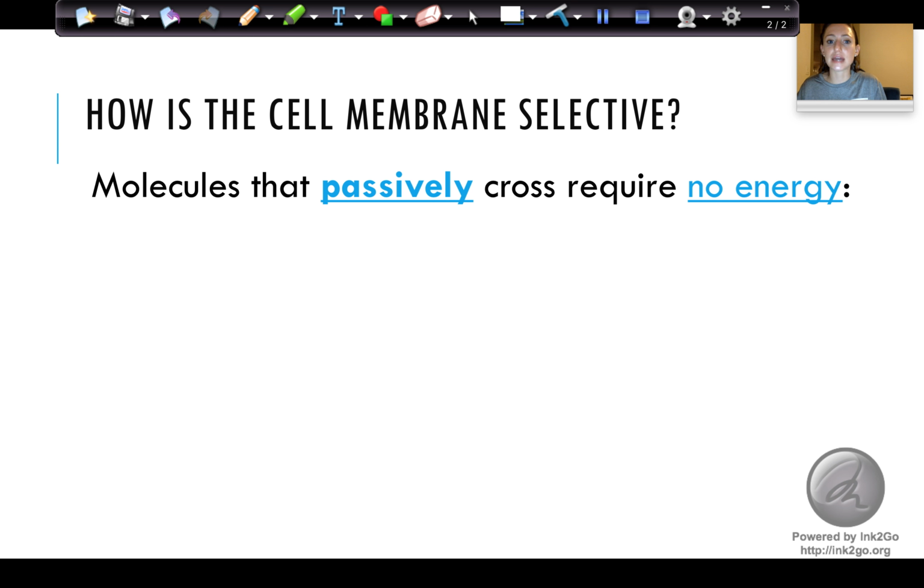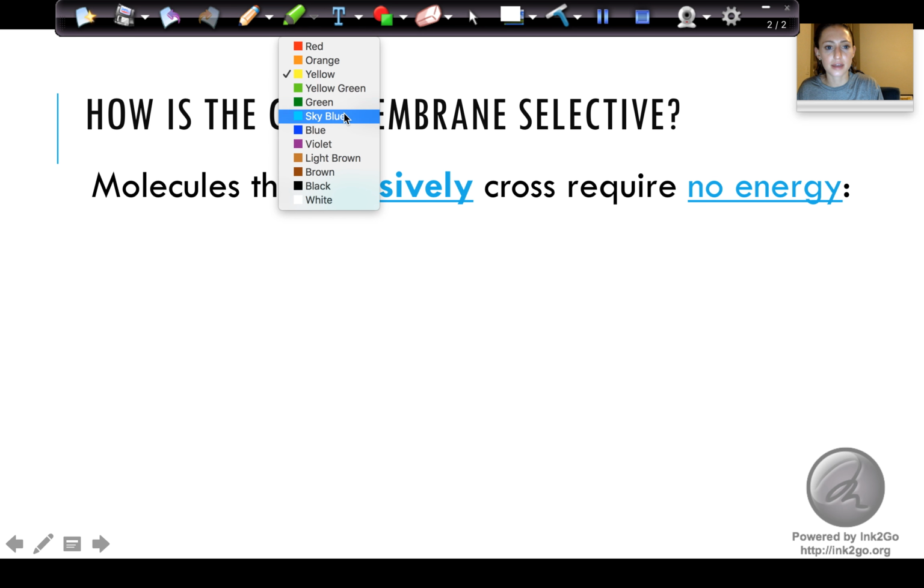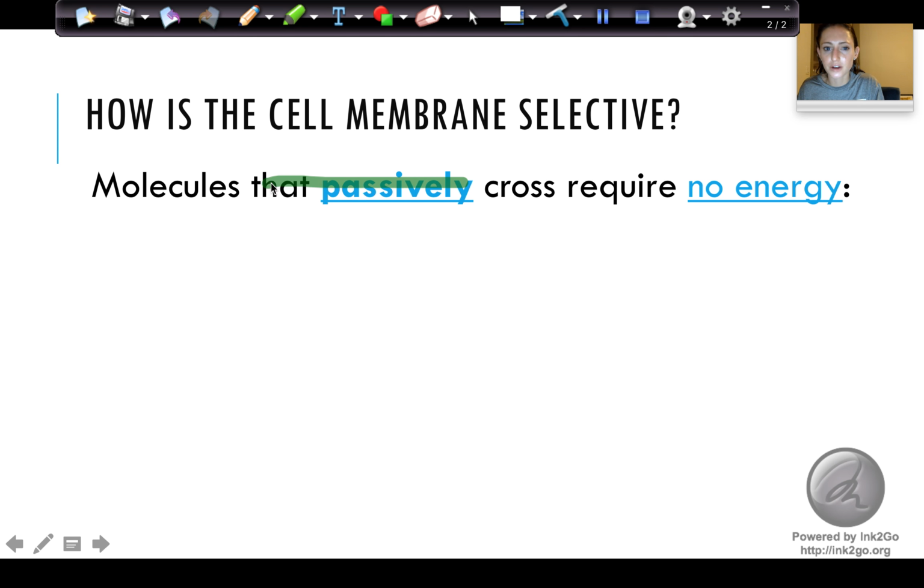So this is where we get into the meat and potatoes of our cell membrane. How do things cross this organelle? We have two ways that we're going to do that. Things that cross passively. Okay, this is another vocab word that we might have heard before, not in science. When you're doing something passive, like sleeping, you're not using energy. So thinking back to our cell membrane, it's all lipids stacked really, really close next to each other. So what can get through on its own?